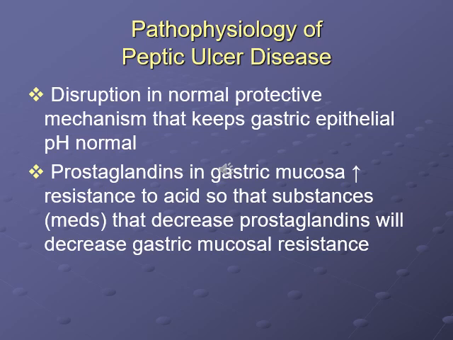And so if you have substances that decrease prostaglandins, which NSAIDs and aspirin do, that then also decreases that gastric mucosal resistance. So that's the reason why NSAIDs are such a high risk for GI bleeding and for development of ulcers.